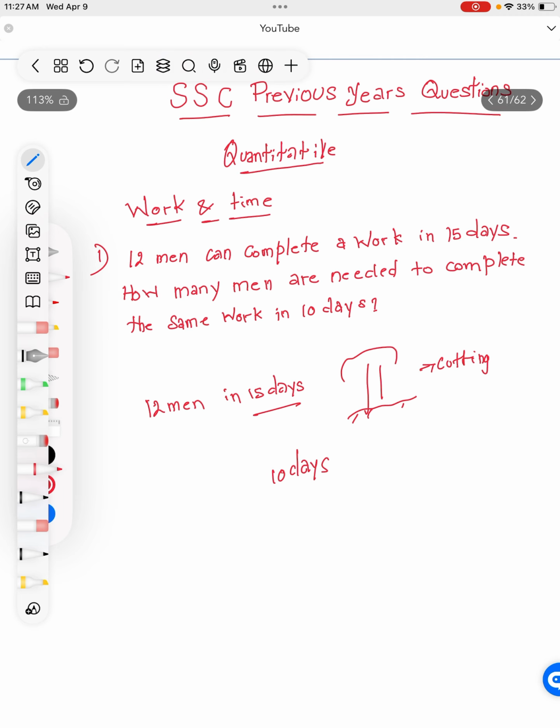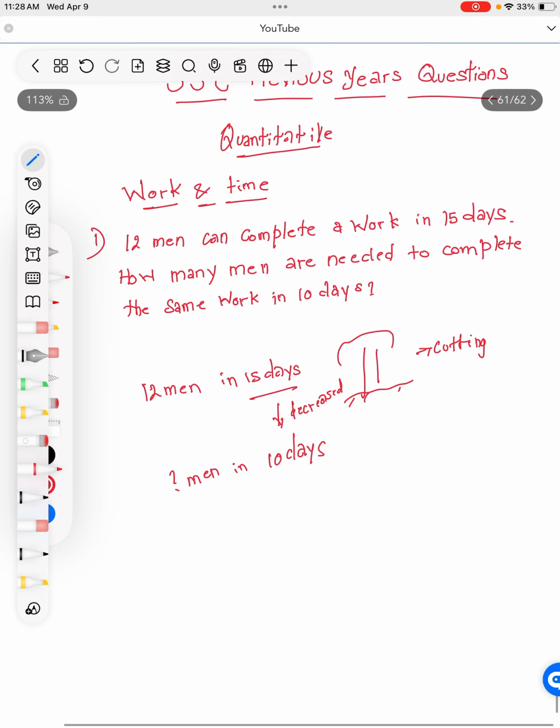So here you can see that the days were decreased, right? Here we have to find how many men we have to take so that the work can be completed in 10 days. Before we had 15 days, now we have only 10 days.